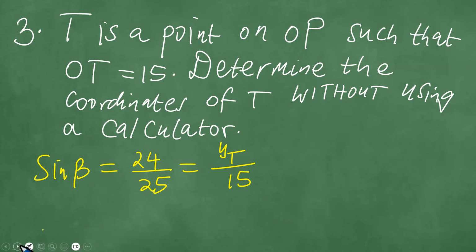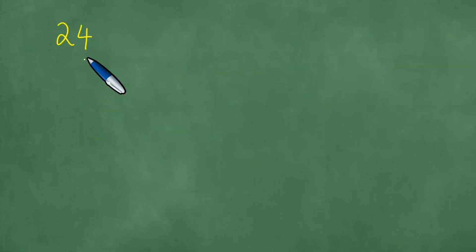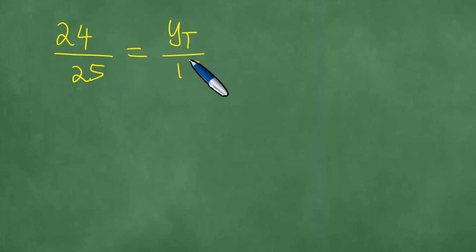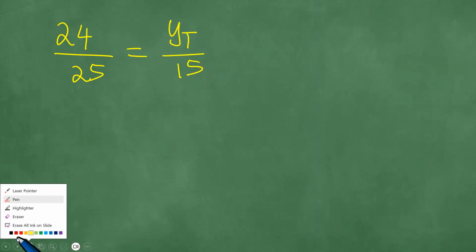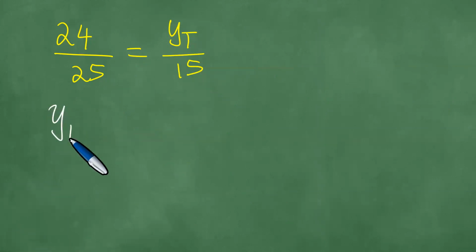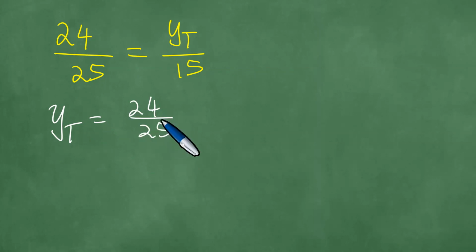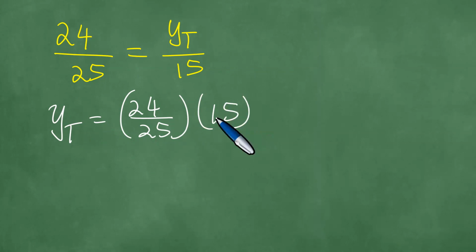And so 24 out of 25 equals y sub T out of 15. Which is 24 out of 25 times 15. Right, if you use a calculator, you realize that this is exactly 14, remainder 2 out of 5.